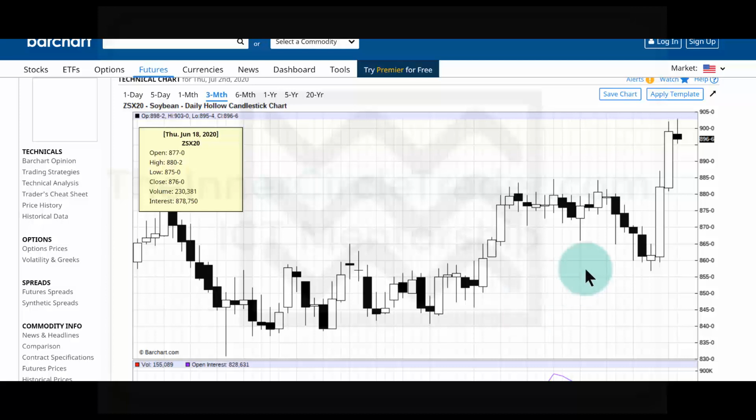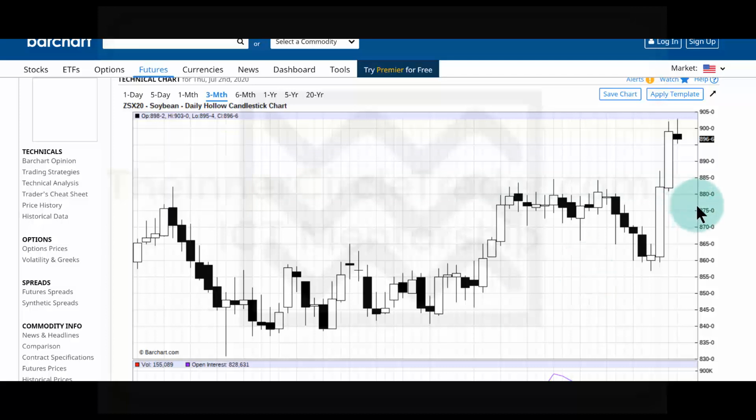Notice it's getting more expensive as you go further away from the current date. And November beans would be something like $8.75 a bushel. So that's a carrying charge market, which is a normalized market. In the commodity market, it is more expensive as you go further away from today's date.